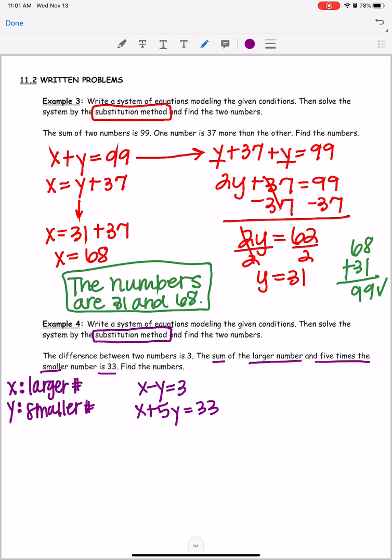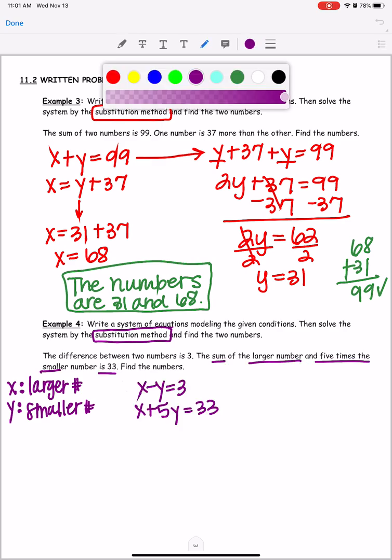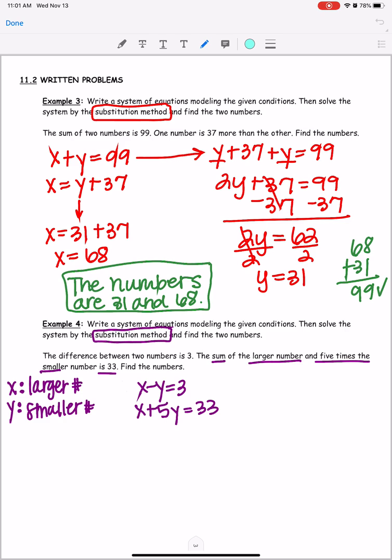So now solve. Now they're telling me to do this by the substitution method. They're really not going to know how you solved this, so just solve it any way you want. I'm going to go ahead and go with the addition method. So I've got a negative y and a positive y, so I can cancel those out pretty easily if I multiply this top one here by 5.